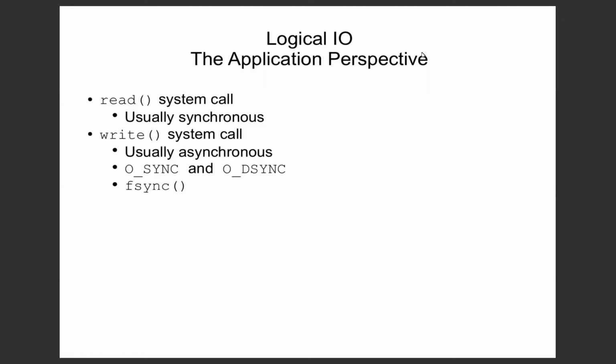When you open the file descriptor, you can specify that you want synchronous for everything, and some applications do it that way. But a lot of times you really want to do it more as a transaction. You would see this, for example, with something like Postgres, the database we use in Manta. It's going to do a bunch of writes, but it's going to treat that as a transaction.